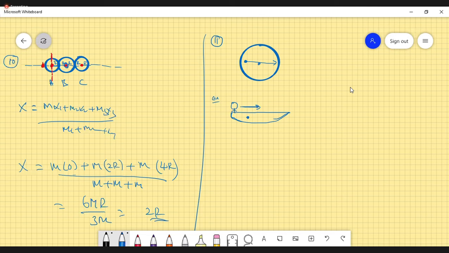In the similar way, the boat is also moving in the left direction with a certain different velocity. So the boat is moving left and the boy is moving right, but the center of mass remains the same, because this is internal force only. The boy moving on the boat is nothing but internal force. So that's why.